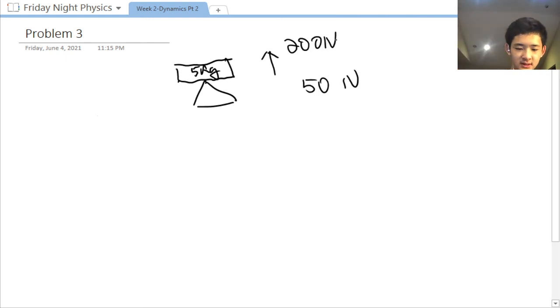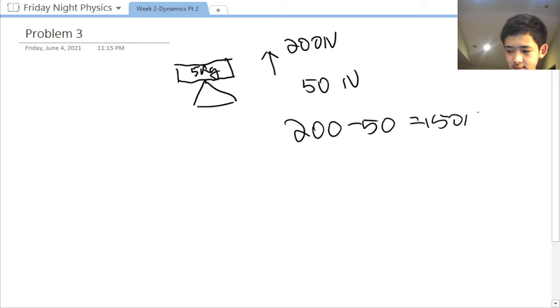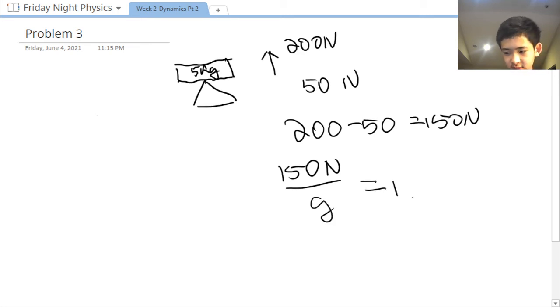And so that means that the force exerted by the top hand is going to be 200 minus 50, which is equal to 150 newtons. And it says we want to find a scale reading, which is basically its weight. And so that's just 150 newtons divided by g, which is just equal to 15 kilograms. And the scale reading is just what the scale states, like your bathroom scale.